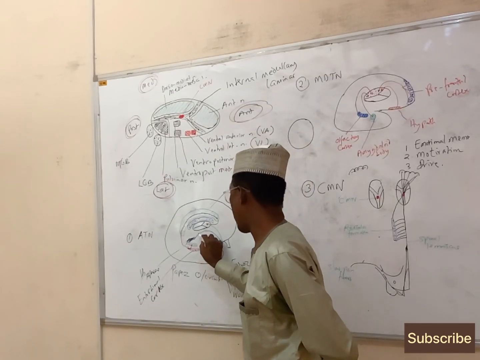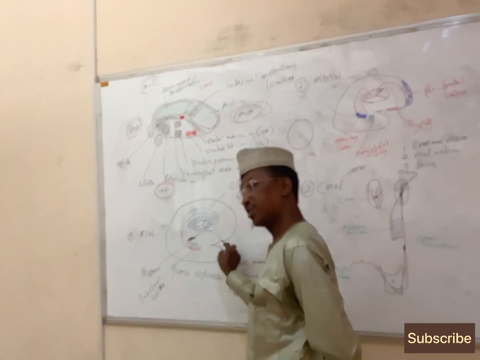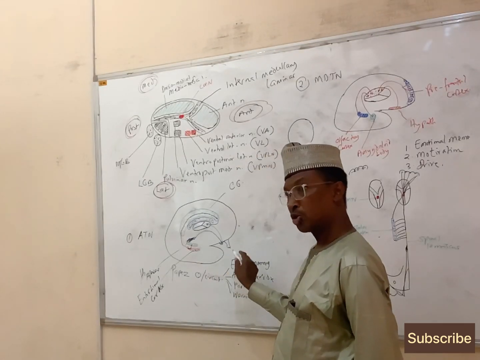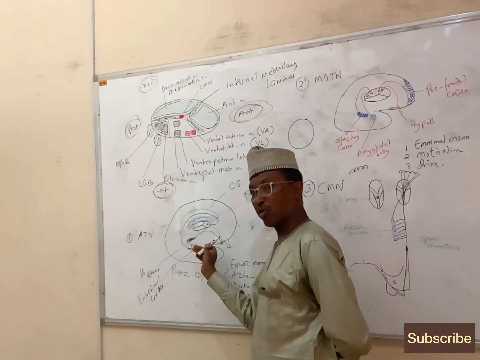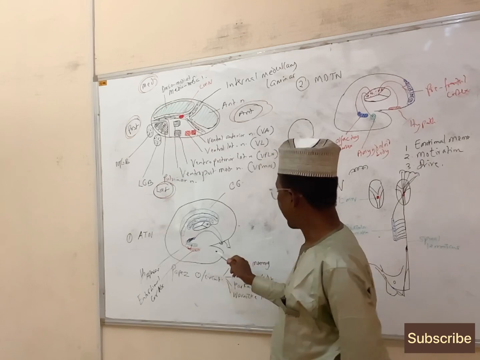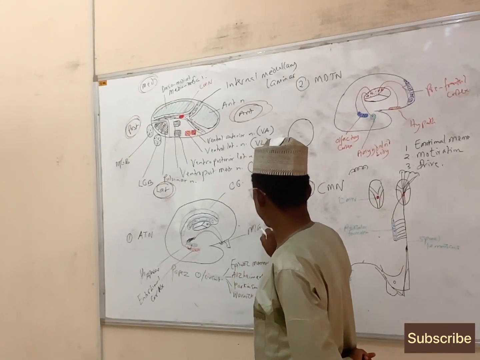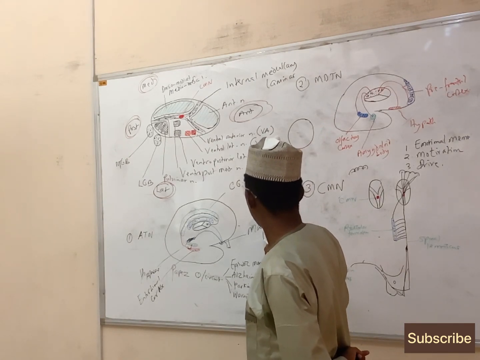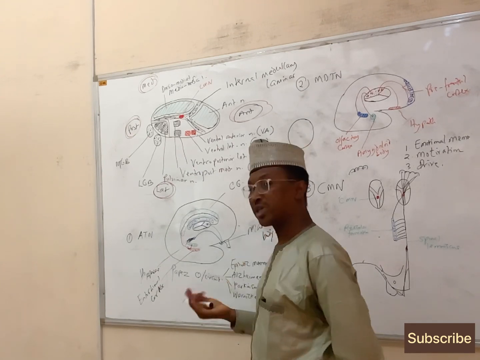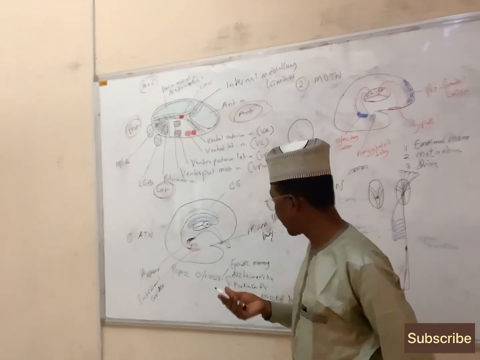They pass superiorly, then forward, then downward, and descend into the mammillary body. The mammillary bodies are a pair of bodies lying just at the base of the brain, closer to the optic chiasma, which we'll discuss later on.